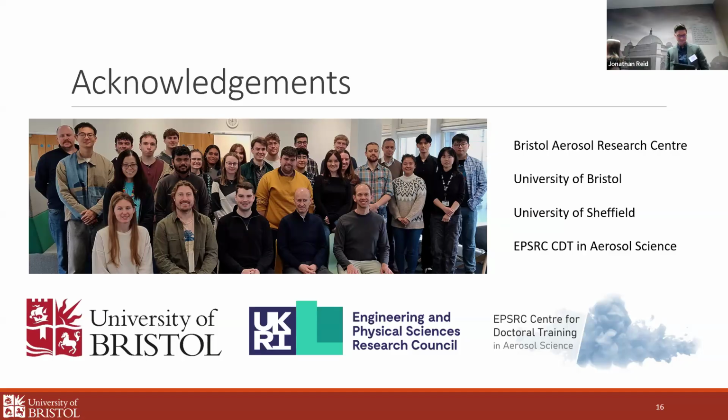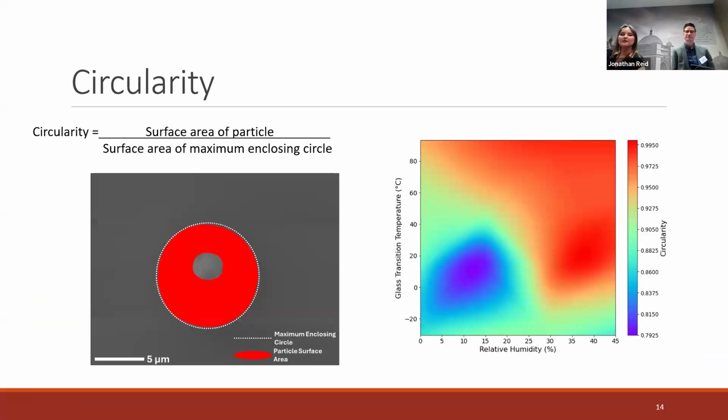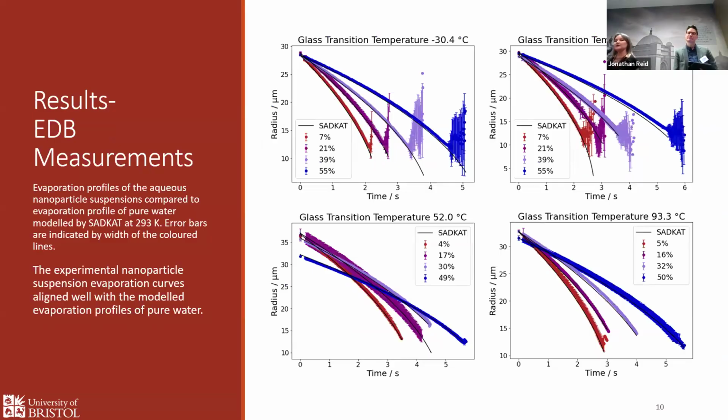Locking, yeah, that's right. As you can see, if we go back to the curves, here where you see that the curves suddenly go really messy, that's where we consider the locking point to be, because that's when the EDB can't size the droplet as well, either because the morphology is no longer homogeneous, or the refractive index has changed. So we've considered that the locking point of the droplets.